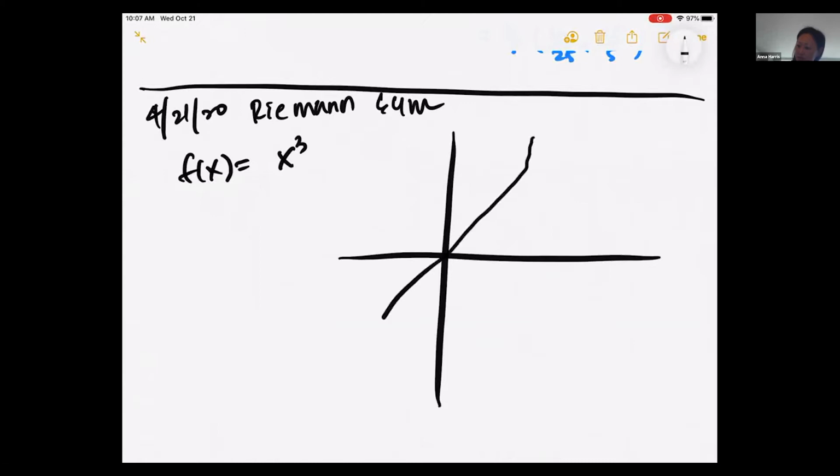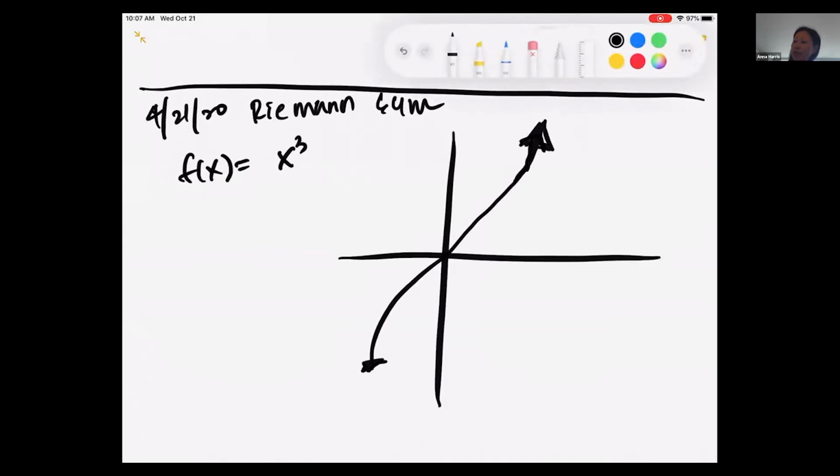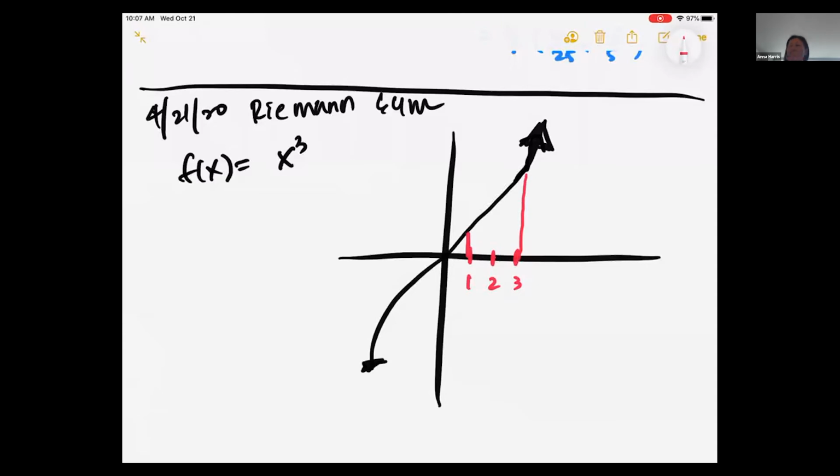looks like that. All right. And then I want to look at between, say, 1, 2, 3. So I want to look at my area over here. Okay, so if I draw only 2 rectangles, let's look at that.